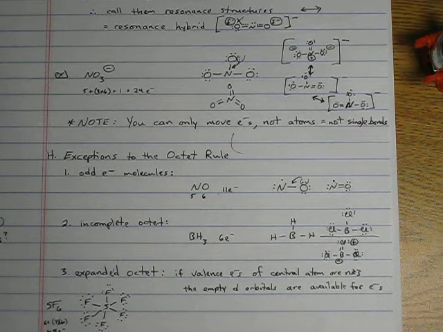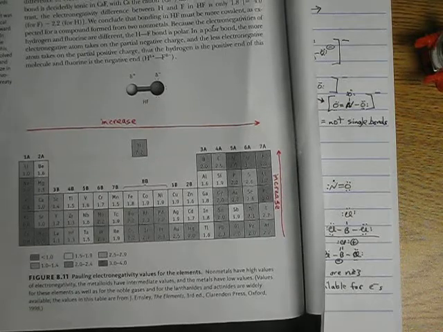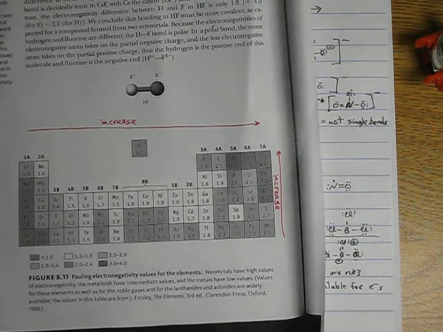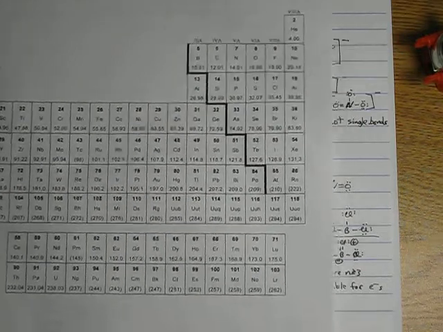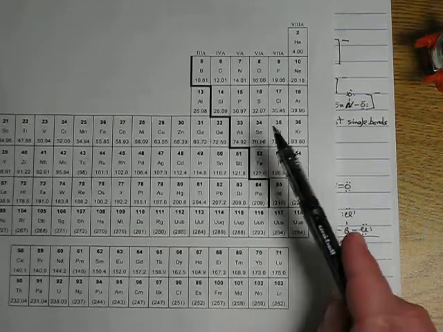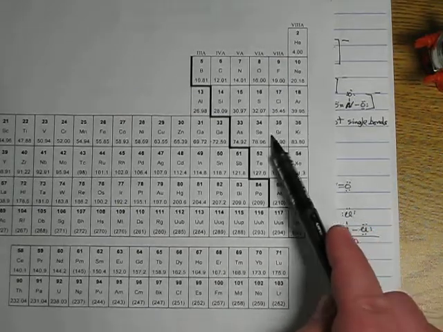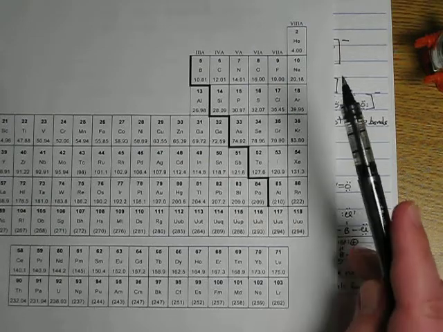The answer is yes, sulfur can. If we look at the periodic table, it turns out, I have a better periodic table around here. Here's a little bit better. Any of these atoms here as our central atom in the n equals 3, n equals 4 shells can expand their octets.